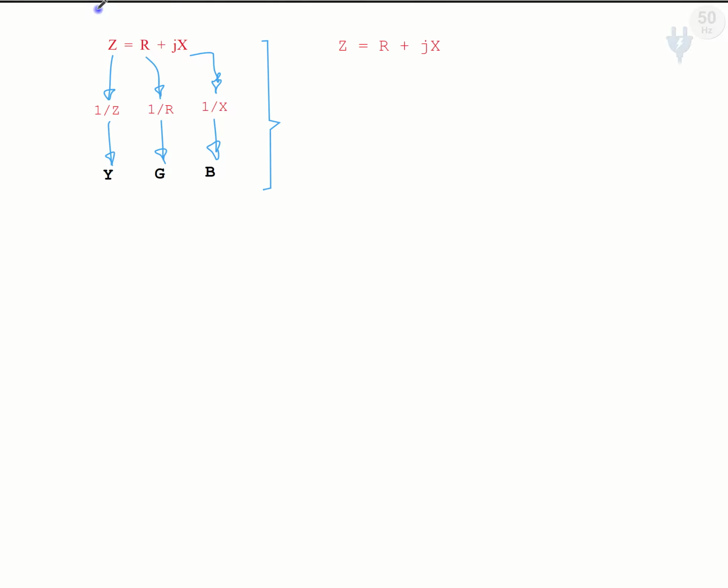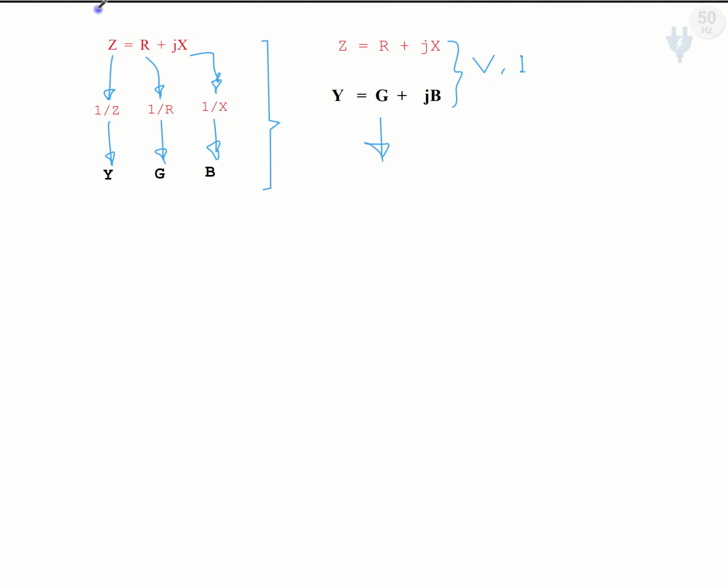Then we know that Z is equal to R plus jX, and so Y is also equal to G plus jB. Each of these parameters, Z or Y, is calculated from V and I. If we have V and I of the system, Z or Y can be calculated.